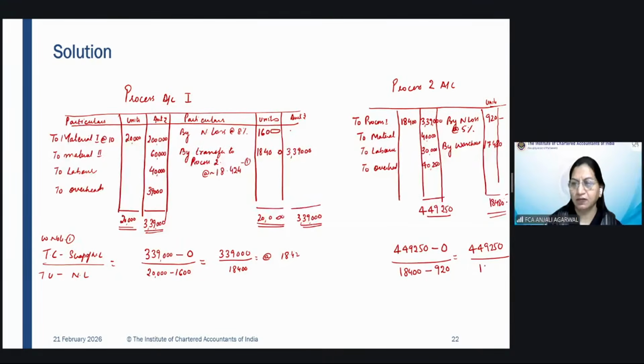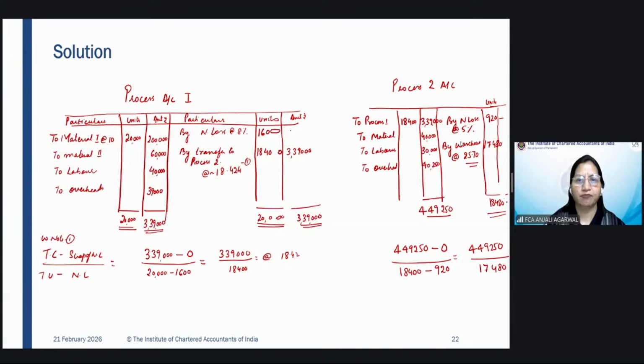That is 17,480, which will move to the warehouse. Now, when you divide it, what is the rate that you get? 4,49,250 divided by 17,480 units. So this is at the rate of 25.700, roughly. Okay. So we can keep it to two decimal places.